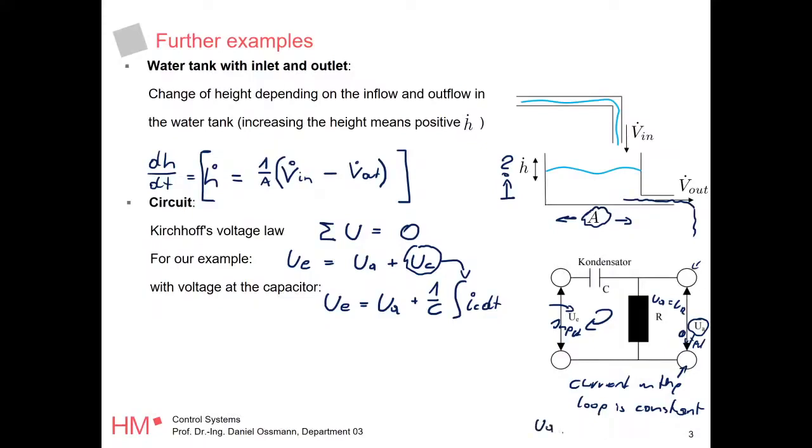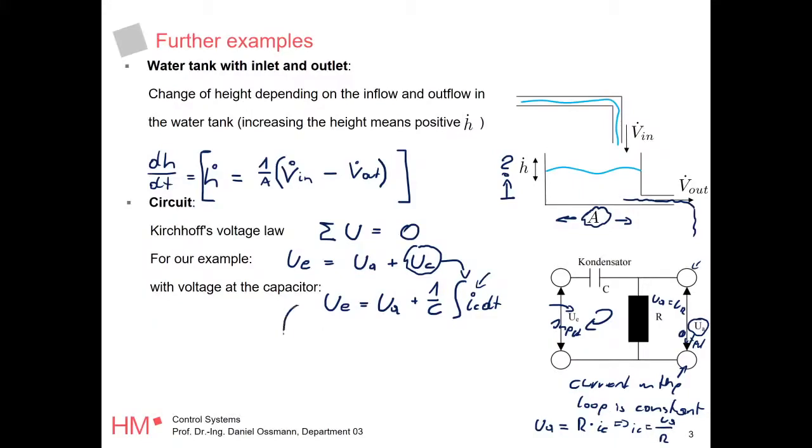With Ohm's law, we know the voltage on the resistor is U = R times our current, and the current is the same current we have in the capacitor. This is what Kirchhoff also tells us. So we simply can say that I_C is equal to U_A over R.